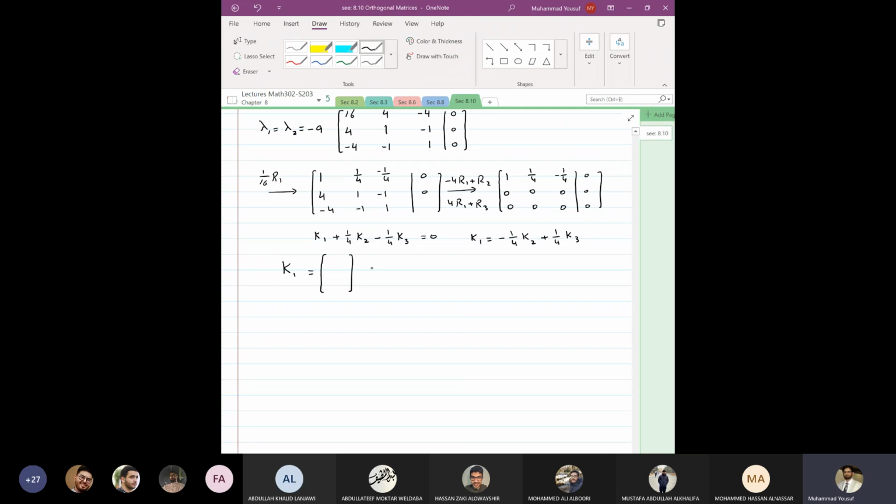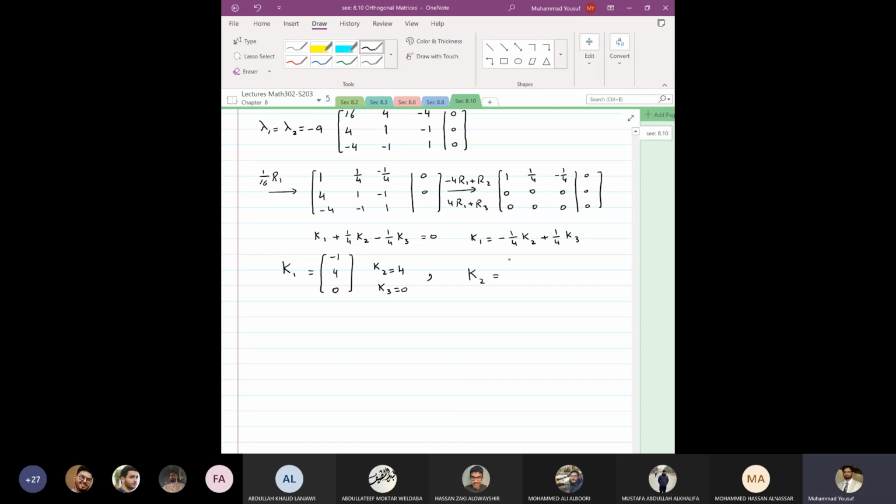Let us choose k2 equal to 4 and k3 equal to 0. Suppose we choose this one: k3 is 0, k2 is 4. When k2 is 4, k1 is negative 1.